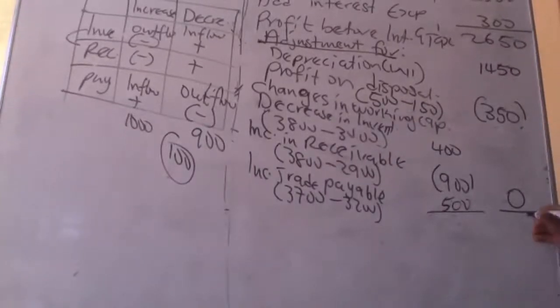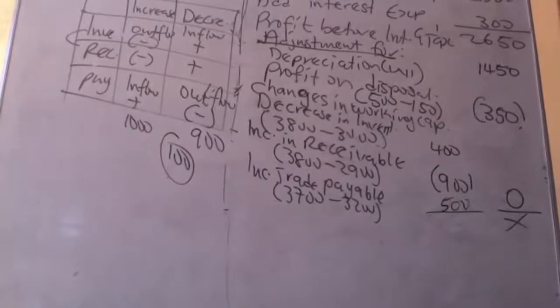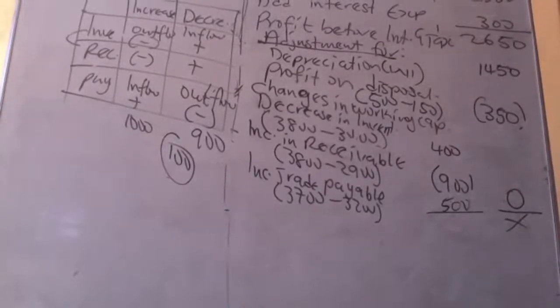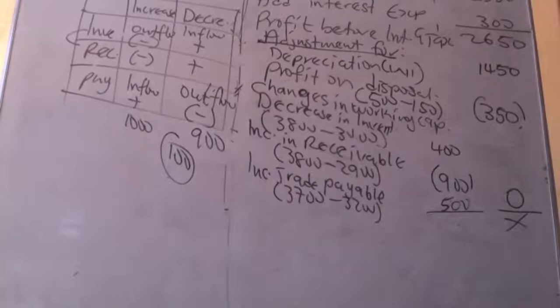Good. That answer we call it cash flow from operating activities before what? Cash generated from operations before interest and tax. But it's long, so we can call it operating cash flow before interest and tax. That's what I call it. So put this answer plus this, and then we answer.